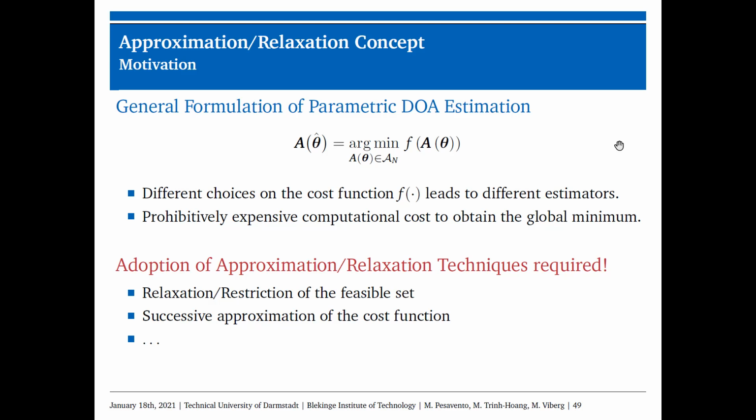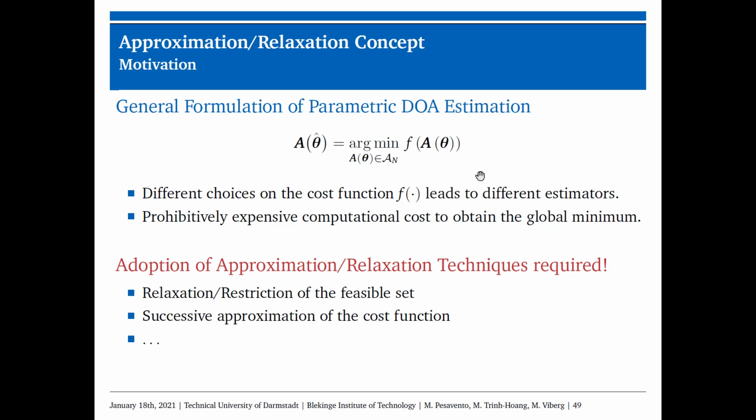After concentration with respect to the nuisance parameters, we can reformulate the optimization problems of the optimal parametric methods in part 1 of this tutorial in the following manner, where we minimize a particular cost function f with respect to the steering matrix A. Note that we have an additional constraint, that the steering matrix A must lie on the steering array manifold AN.